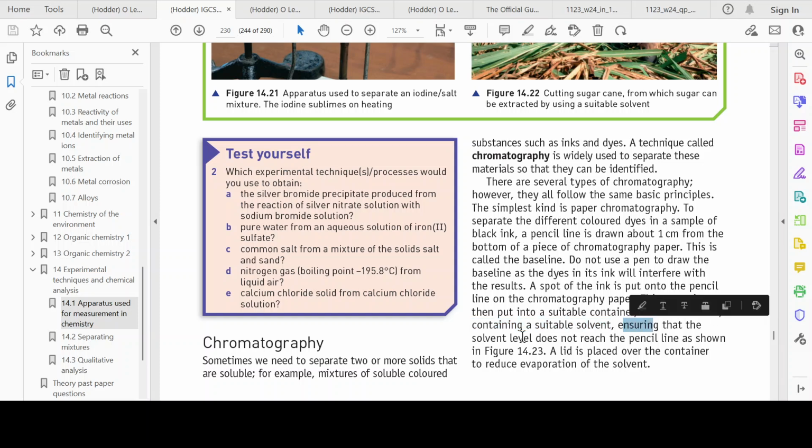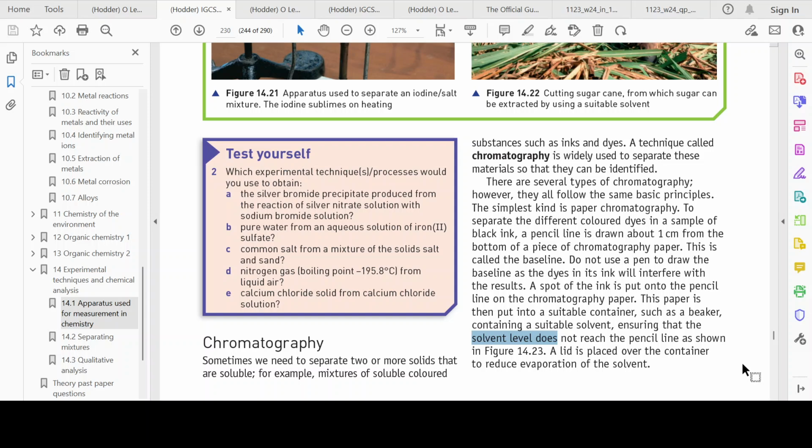So ensuring that the solvent level does not reach the pencil line. You want to keep the solvent level below the pencil line. And the reason why you want to do that is, if you keep it at the pencil line where you've put the drop, the sample, then that will start dissolving in the solvent in the beaker, and that's the end of your investigation right there.